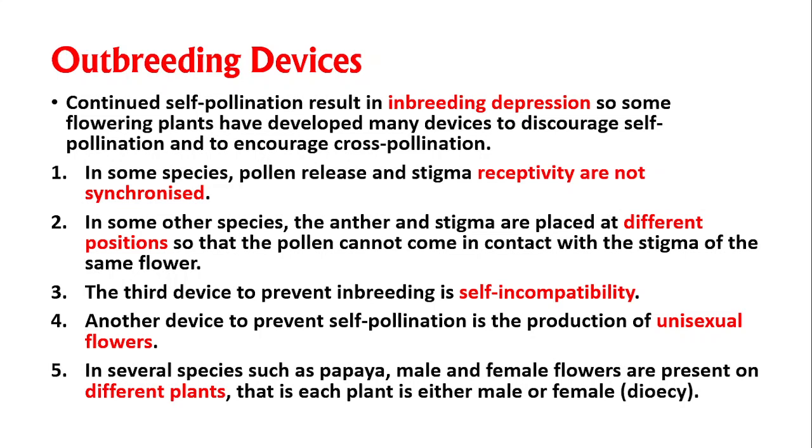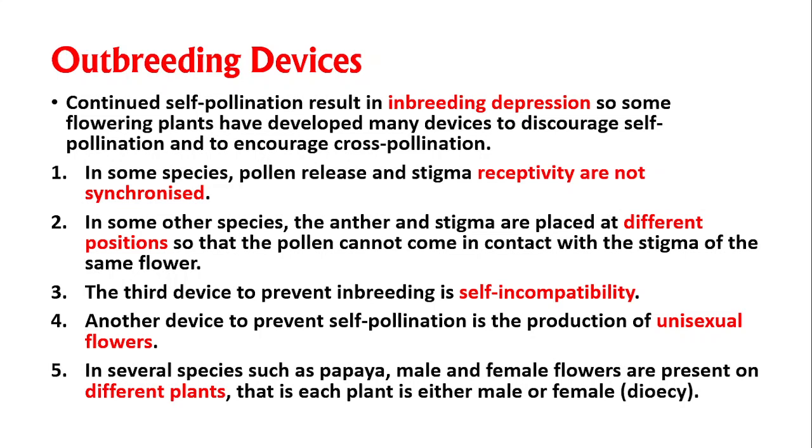Is that clear? To avoid inbreeding depression, some flowering plants have developed some mechanisms, also called devices, to discourage or avoid self-pollination.